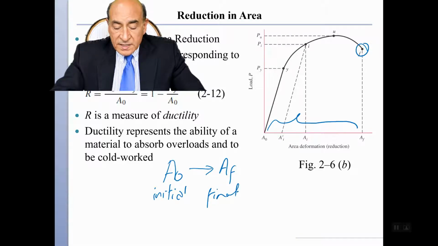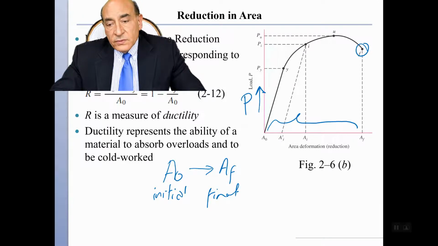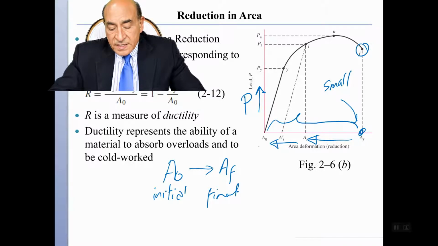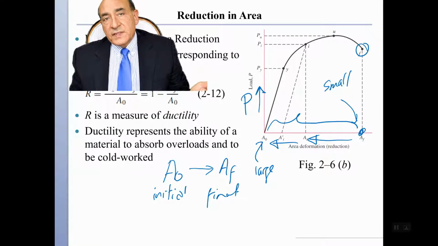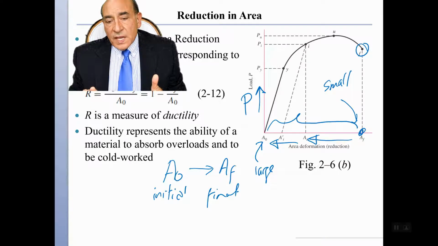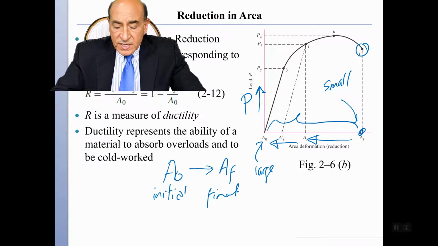So if I plot the load here, P, versus the cross-sectional area, note that the cross-sectional area increases in this direction here. So this is small cross-section here, and this is the original here, which is large. However, I have the values. I can measure the cross-sectional area and the corresponding applied load, and therefore I can reconstruct this curve.